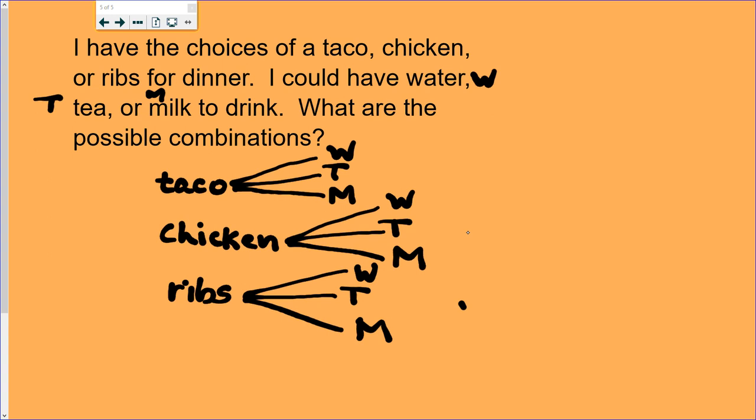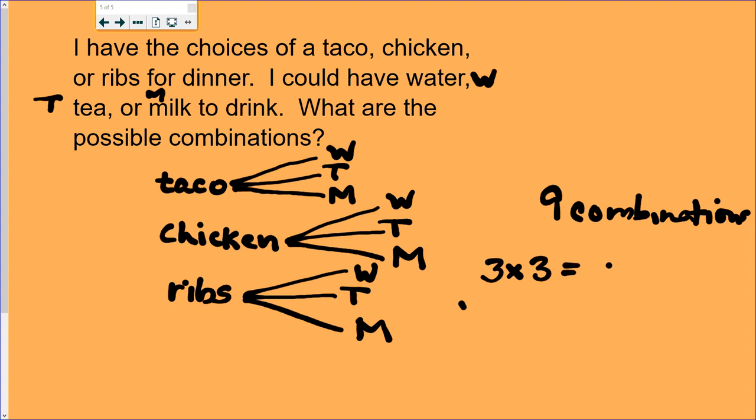How many possible combinations are there? I can tell that too. 1, 2, 3, 4, 5, 6, 7, 8, 9. I have 9 combinations. And if you noticed, I have 3 main choices and I have 3 types of drinks, which makes 9 total.